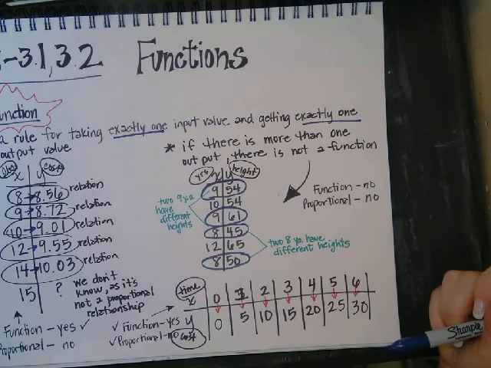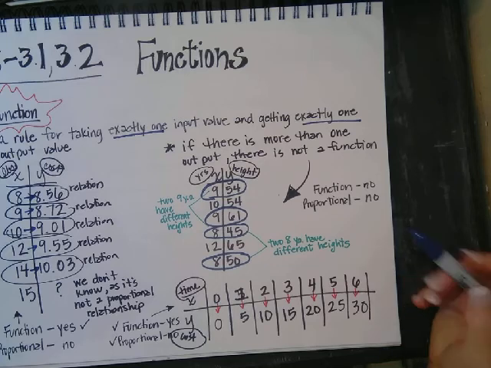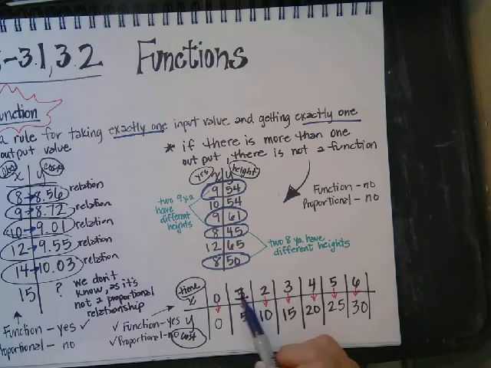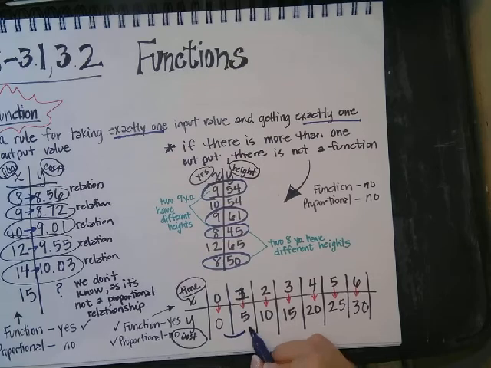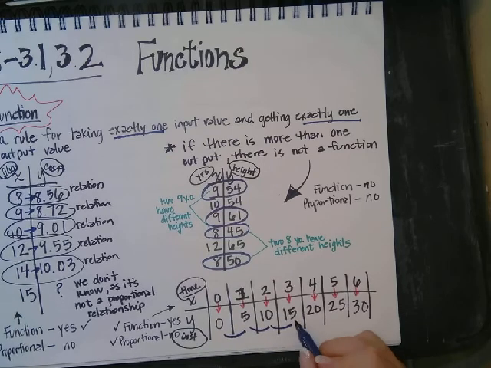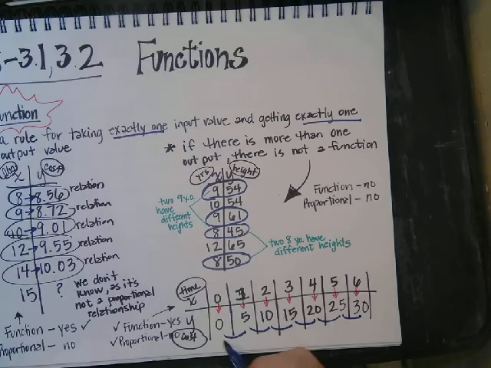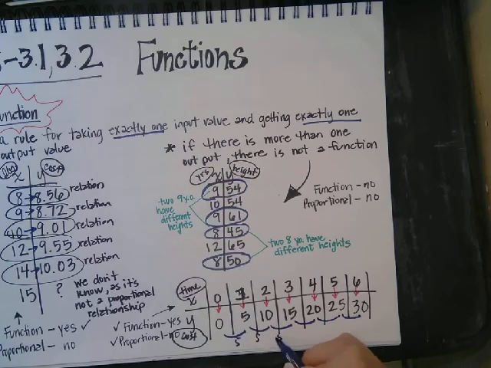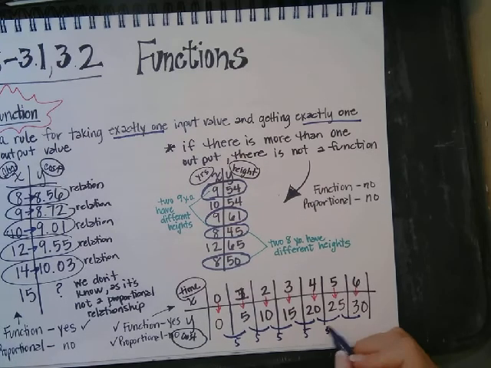We also know that it is a proportional relationship, because take a look, as every X goes up by 1, what is the Y going up by? Can you see that for every time the X goes up by 1, the Y is also going up by 5 each time?